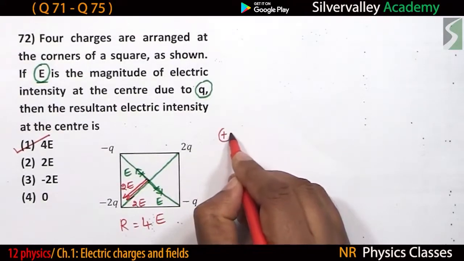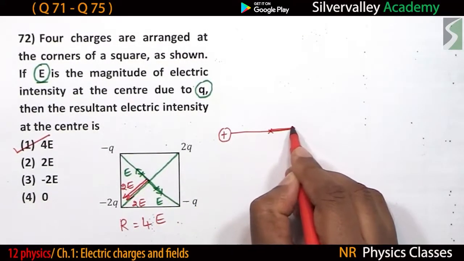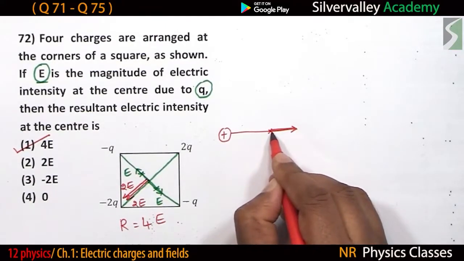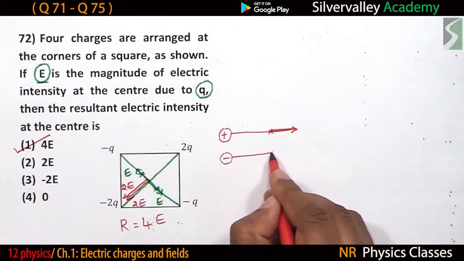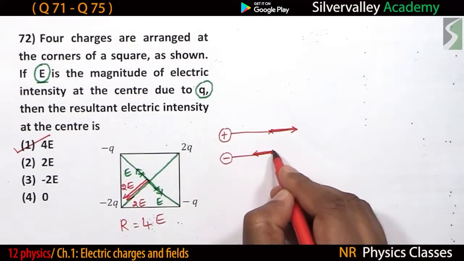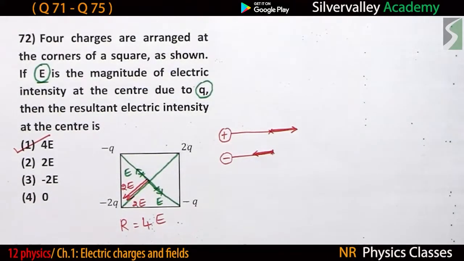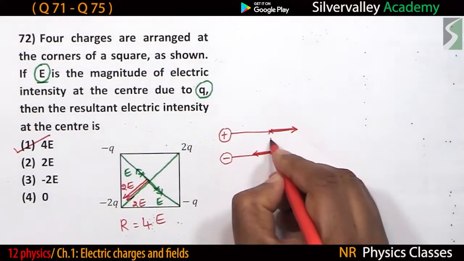Positive charge, electric field at some point means we should draw an arrow away from that point. If it is a negative charge, then we should draw the vector at that point towards, and the initial point of the vector should be at that point, P.